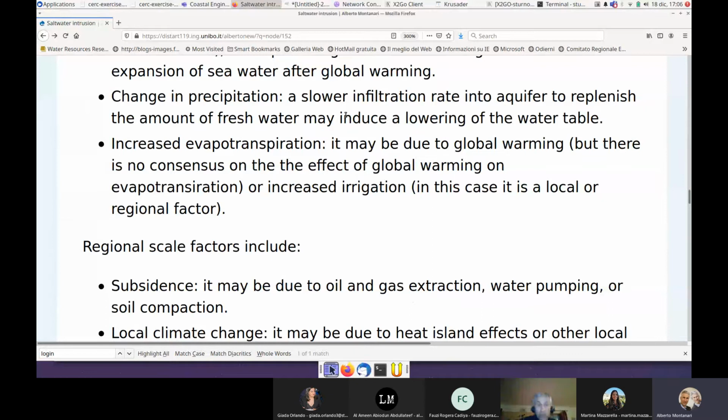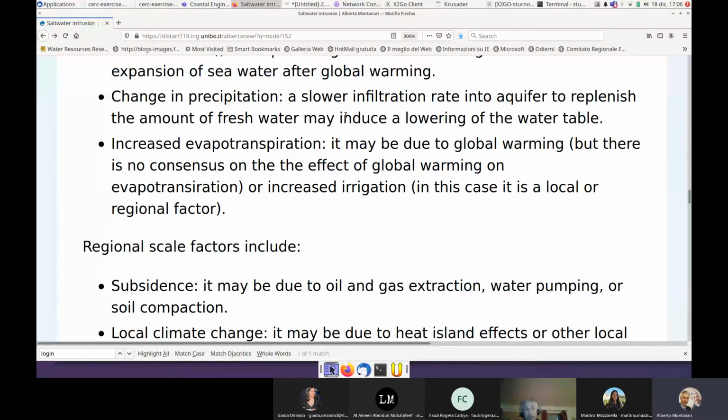Still, there are several theories predicting that the vegetation may increase evapotranspiration, therefore ending up with more extraction of water from the underground by the vegetation.